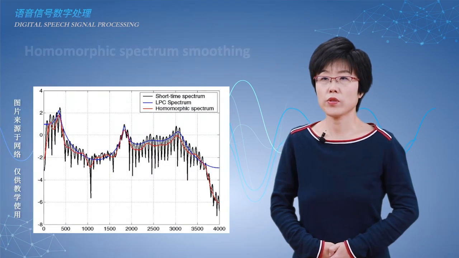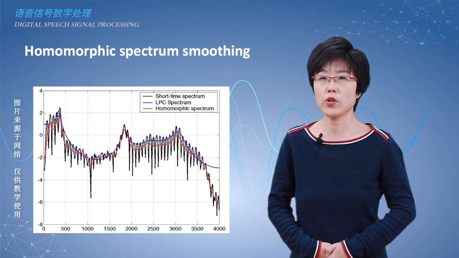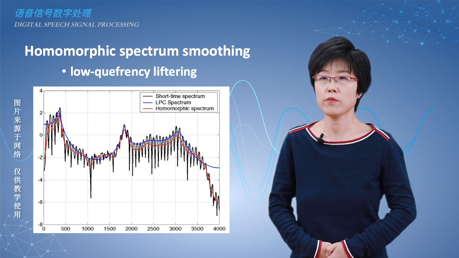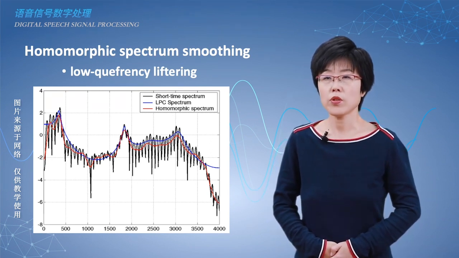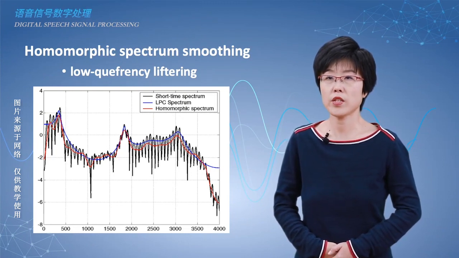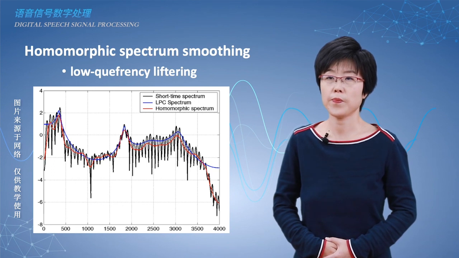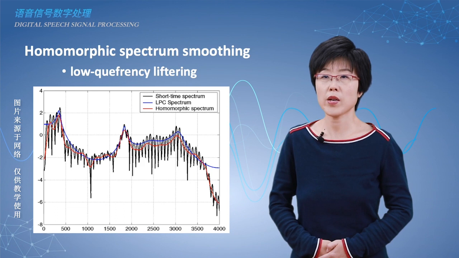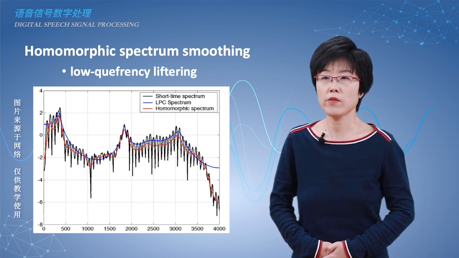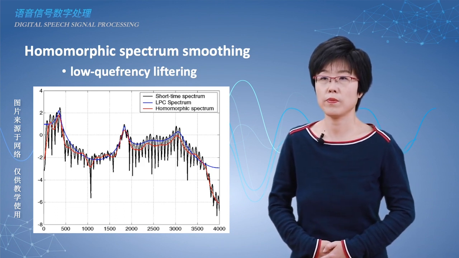The figure shows the homomorphic spectrum with low frequency filtering leading to the smoothing of the spectrum. We could get the envelope of the short-time spectrum with the spectral filtering technique. Both the homomorphic spectrum and the LPC spectrum can represent the envelope of the short-time spectrum.